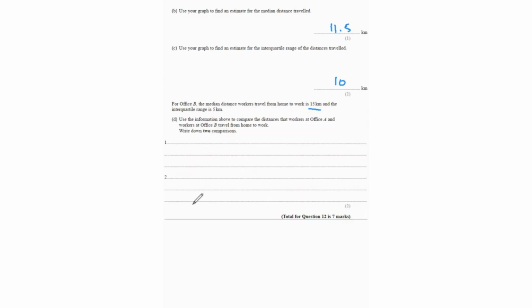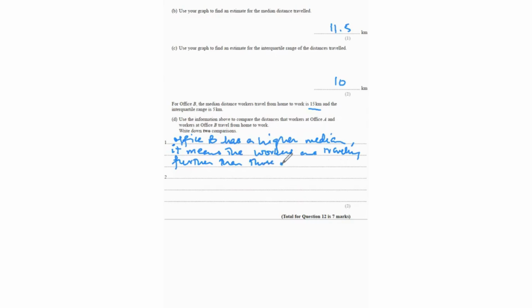So since office B has a higher median, it means the workers are traveling further than those of office A. Please excuse my handwriting.